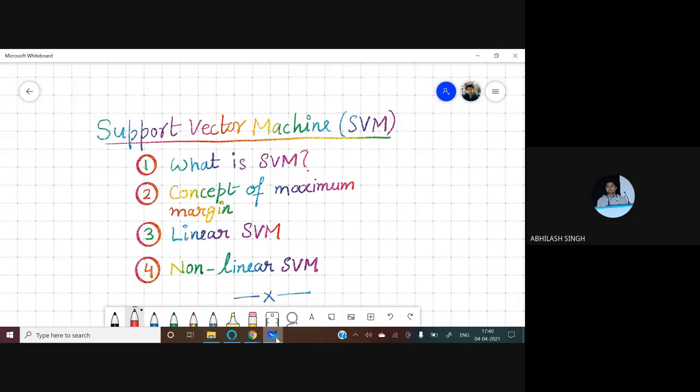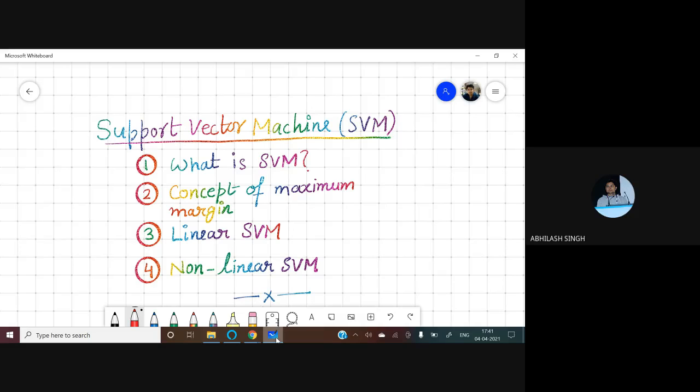One is linear SVM, for data sets that are linearly separable, and the other is non-linear SVM, for data sets that are not linearly separable. So we will see what we can do if we have data that are not linearly separable. This we will cover in this pre-recorded video.